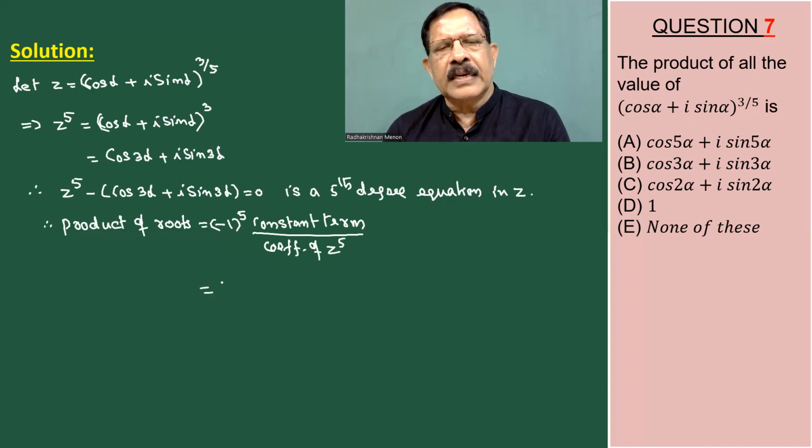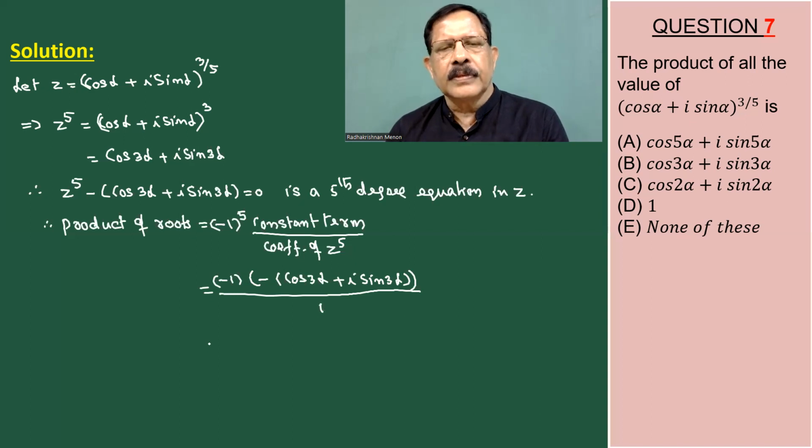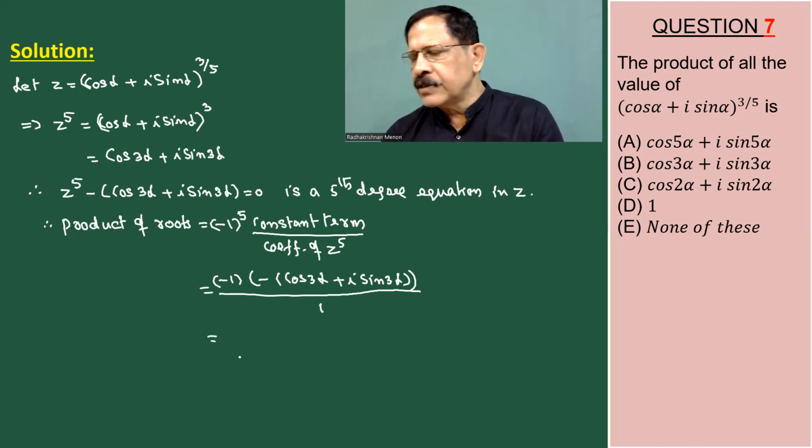So which is equal to minus 1 raised to 5, which is minus 1, into constant term. Here it is minus of cos 3 alpha plus I sin 3 alpha, divided by coefficient of z raised to 5, which is 1. So on simplification, minus and minus is getting cancelled.